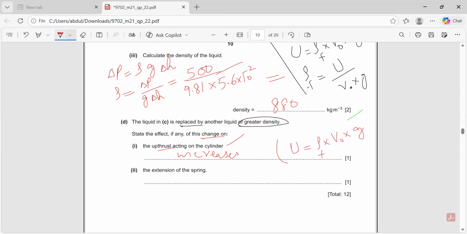Volume will stay the same. Value of g will stay the same. It means upthrust in this scenario is directly proportional to the density of the fluid. It is still underwater, under fluid. So if the density is increased, the upthrust will also be increased. The question only said to state the effect on the extension of the spring. No need to go for explanation, but we will do a little bit of explanation so that this is very clear to us.